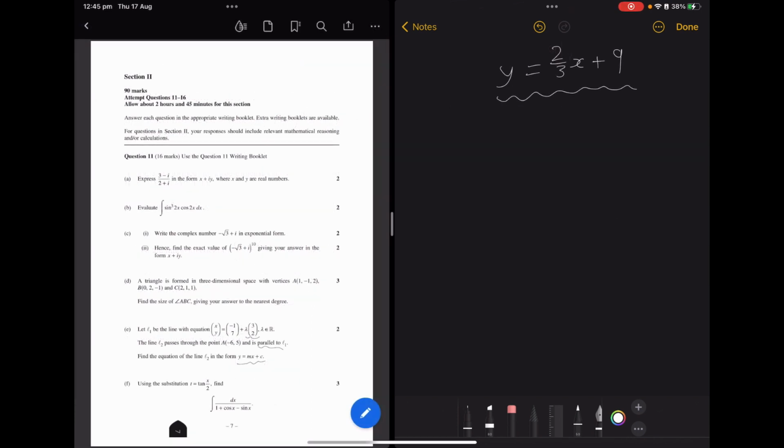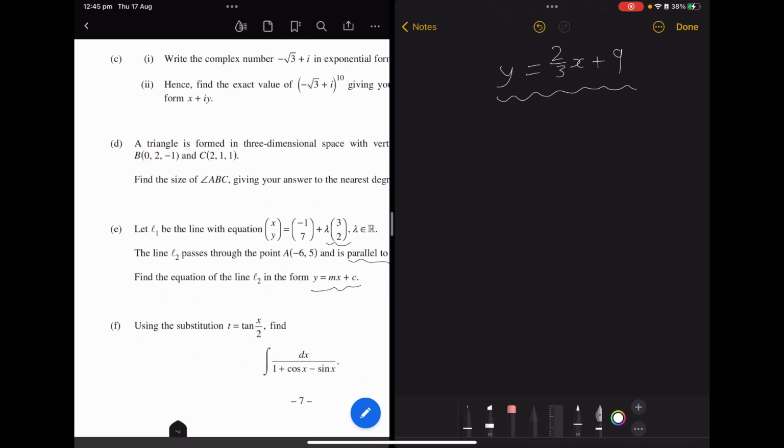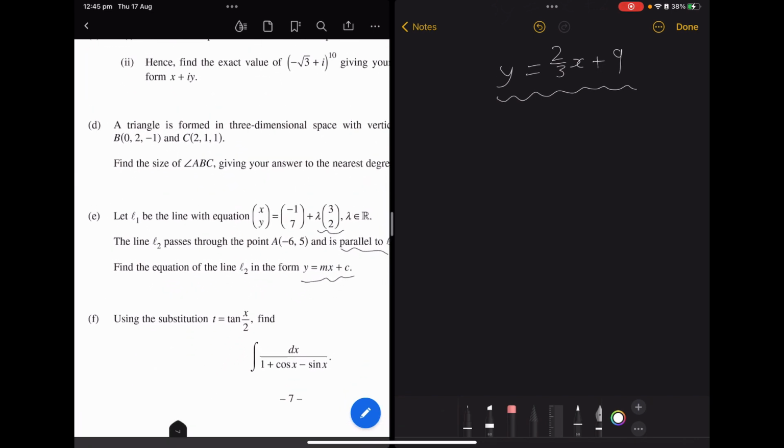So for part F, our final part for question 11, let's scroll down a bit. We have: using the substitution t = tan(x/2), find the integral of dx over 1 + cos x - sin x. So when we see our t sub here, t = tan(x/2), we want to immediately express all our terms of sine and cos in terms of t.